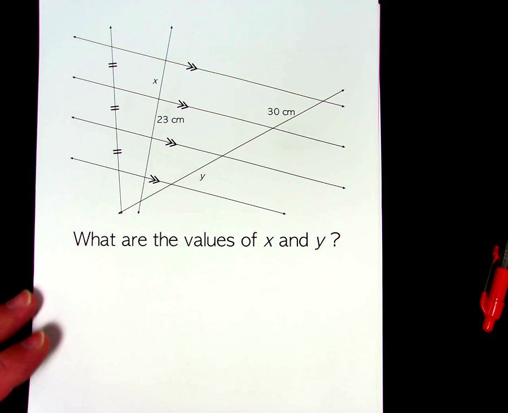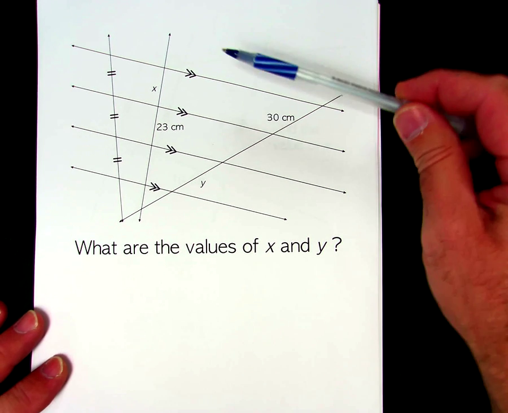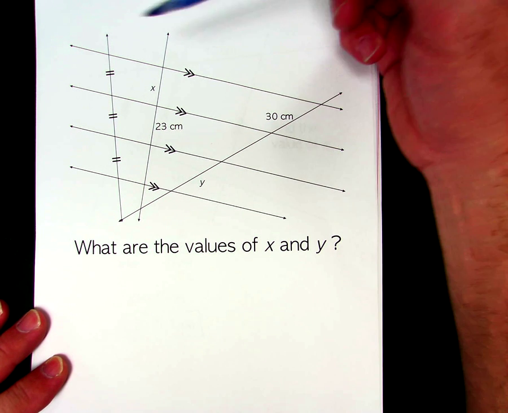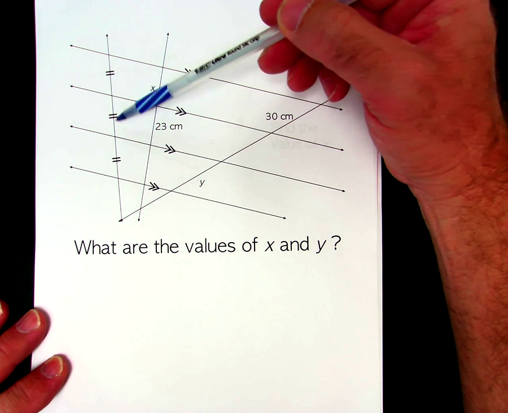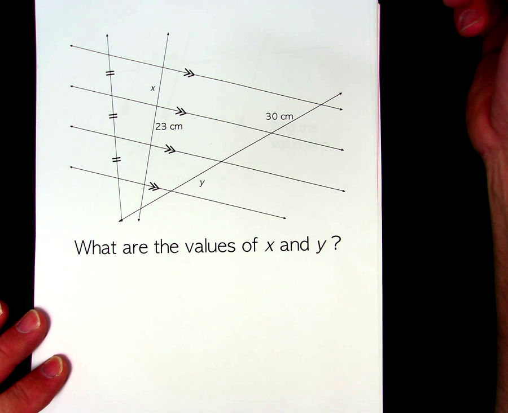The second corollary stated that if we had 3 or more parallel lines that cut congruent segments on a transversal, they cut congruent segments on any transversal. So in this particular case, we actually have 4 parallel lines, and they divide that transversal into 3 congruent segments.